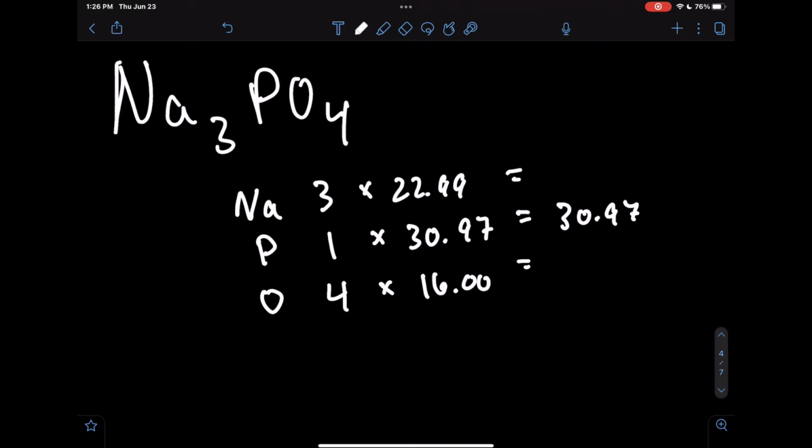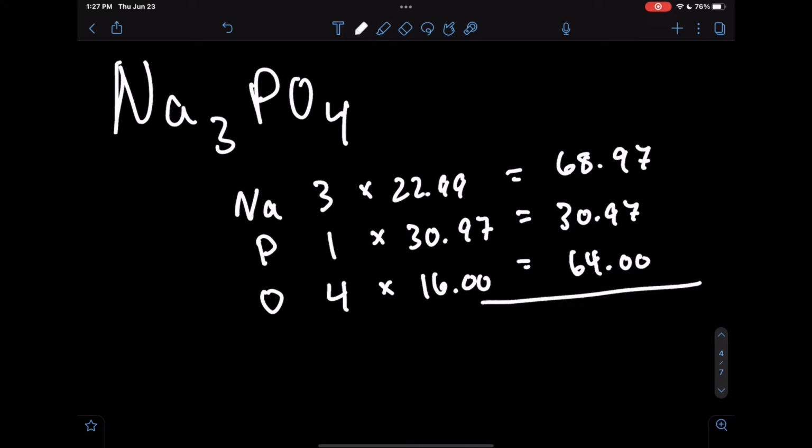For oxygen, we have 64. And for sodium, we have 68.97. I'll go ahead and add all these together, and we will have a total molar mass of 163.94.